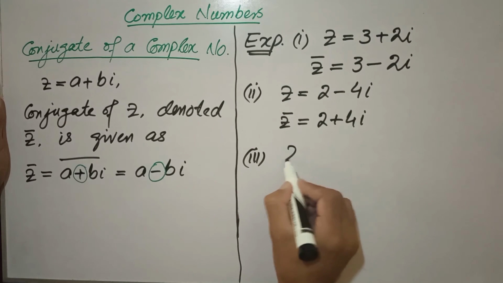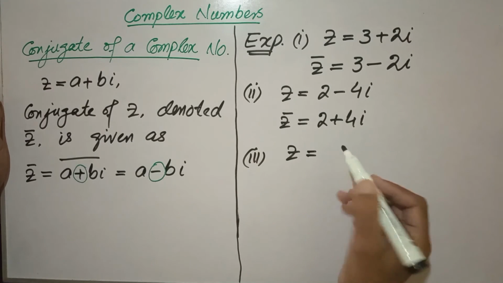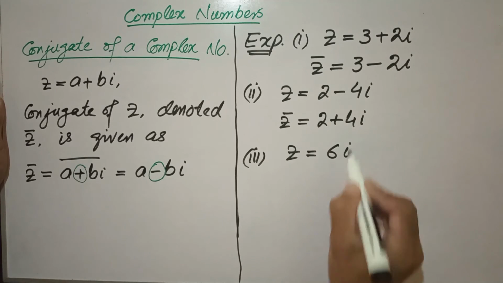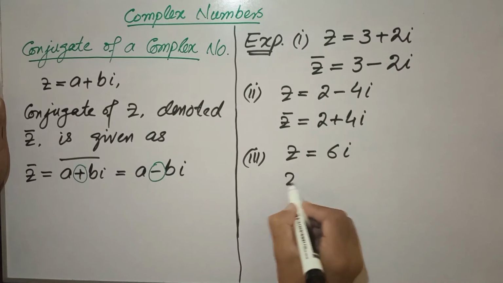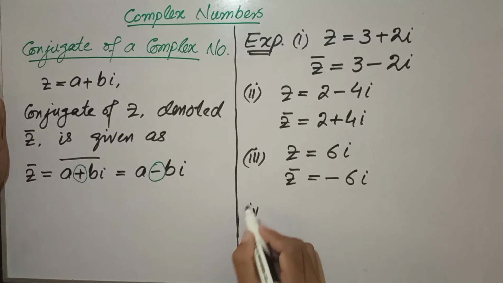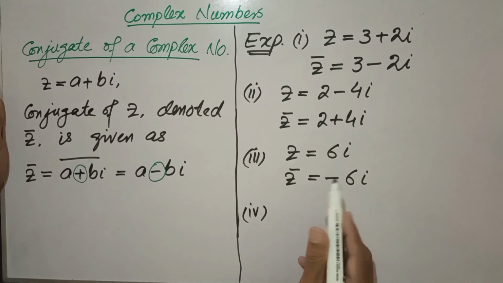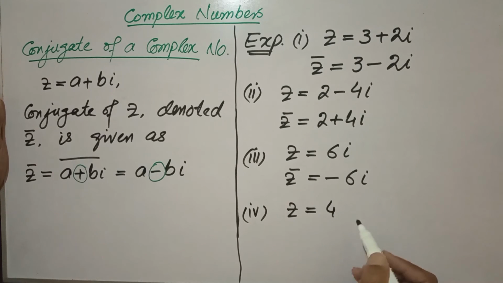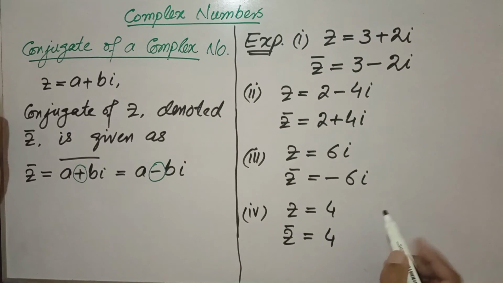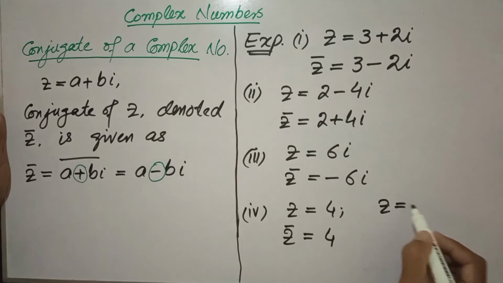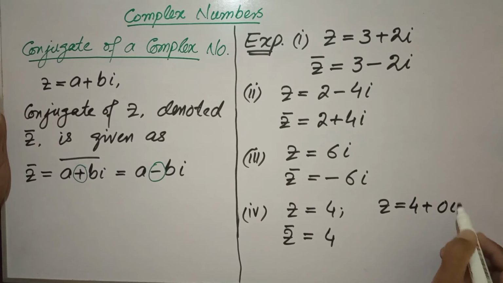Third, if we have a complex number that is only a pure imaginary number like 6 iota, then the conjugate becomes negative 6 iota. And if we have a complex number whose imaginary part is 0, for example 4, then its conjugate remains the same complex number. Here, this complex number can be written as z is equal to 4 plus 0 iota.